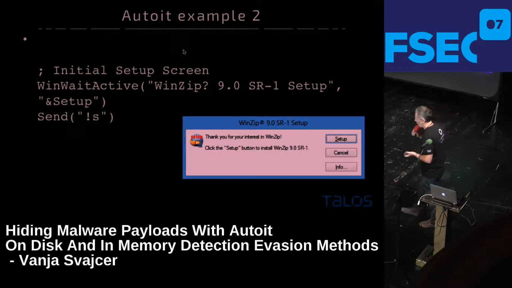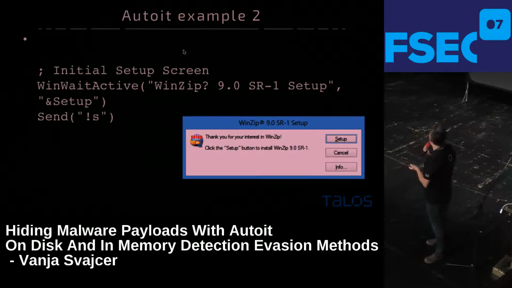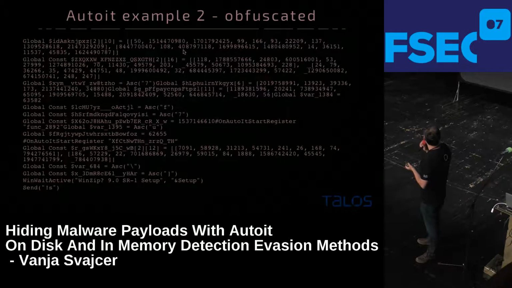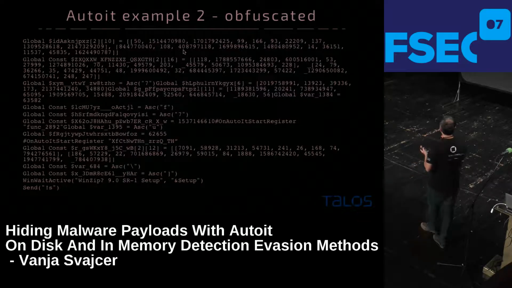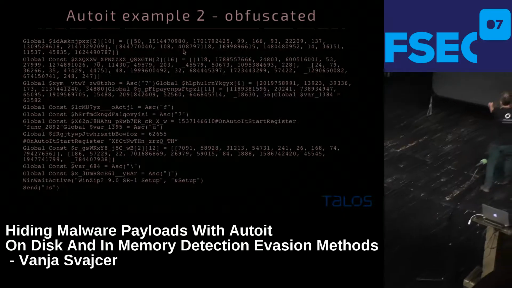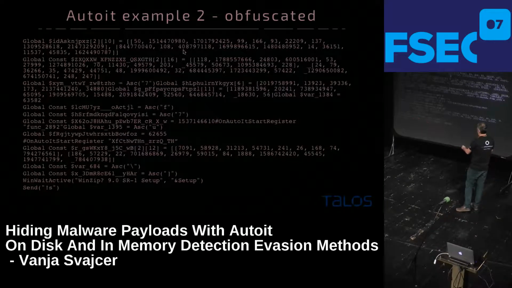If you run the same code through an obfuscator, and I think this is from the ploc guy, you get something like this, which seems very difficult to read at the beginning, except at the end you get those two last lines that are very much the same as the original.